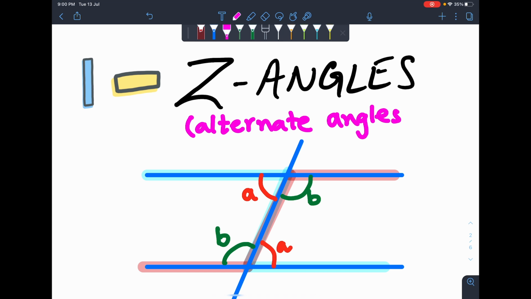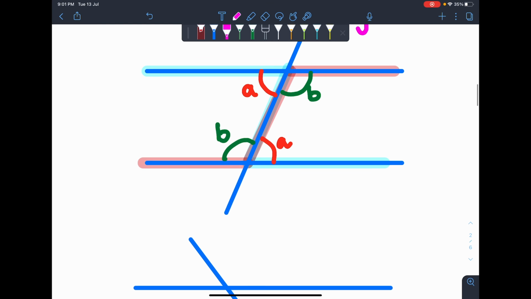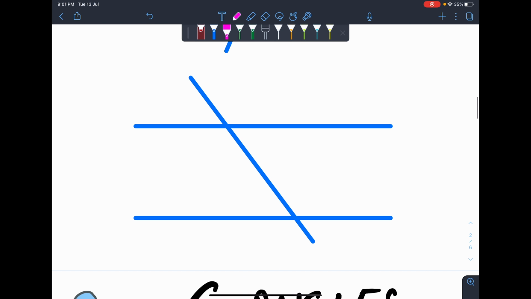Of course, the exact same thing is possible if you have the line cutting the other way, if the slant line is the other way around. So for example, you can make a Z like this and we can clearly spot an alternate angle or a Z angle. It is making a Z shape.